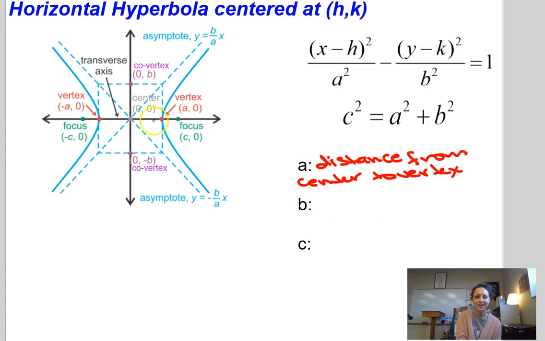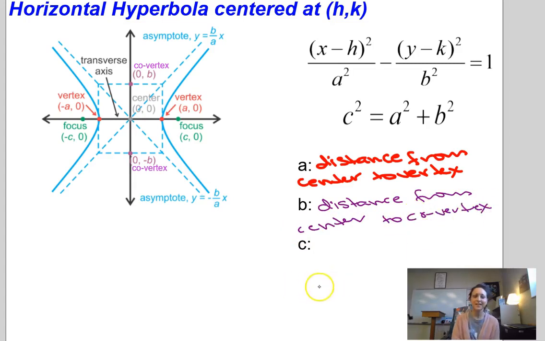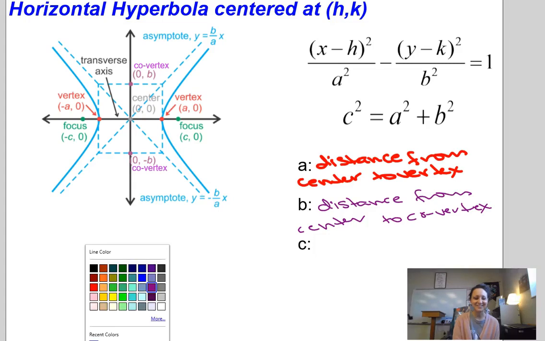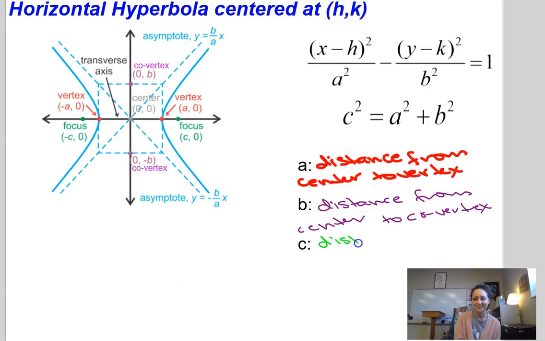You can see that on the graph here. b is going to be your distance from, hopefully you can see it there as well, center to co-vertex. And then c is still going to be your distance from center to what? Can you tell there? Focus, yeah.